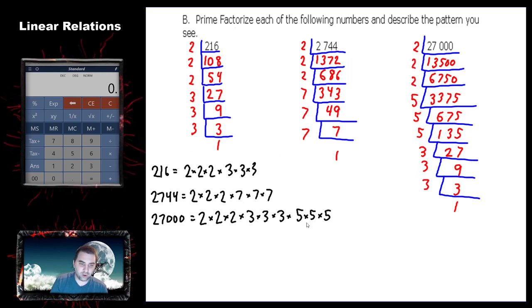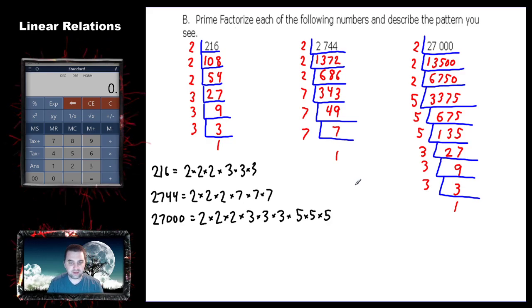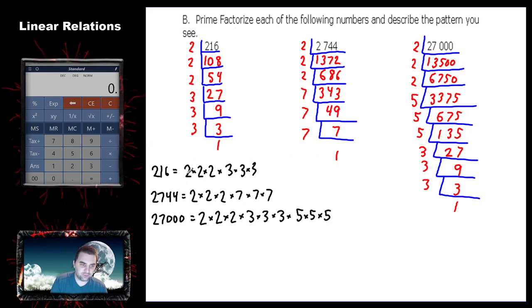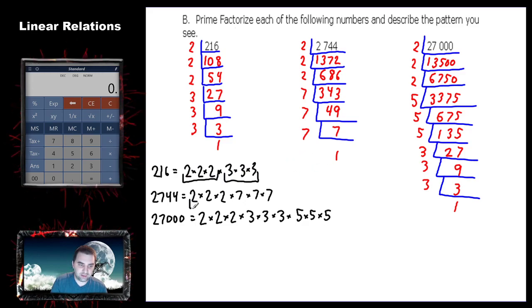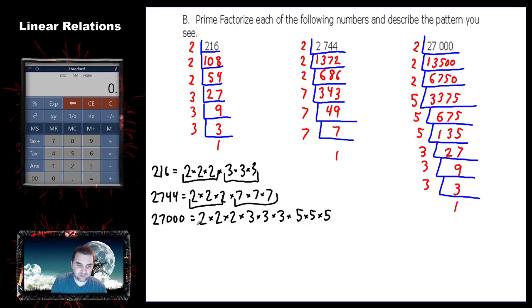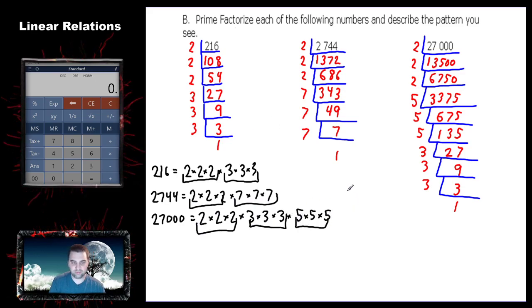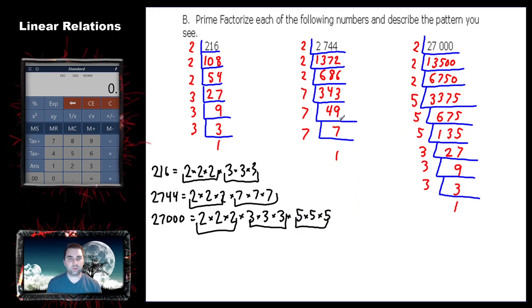And I've listed them all here. Now, just looking at this, you should notice some patterns here. They're all sets of threes. So 216, for example, has the 2 2 2 and the 3 3 3, and all these numbers have unique sets of threes that make up the greater number. So that's a pattern that we see there.